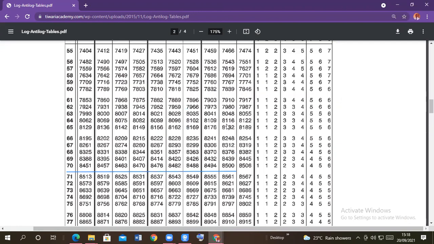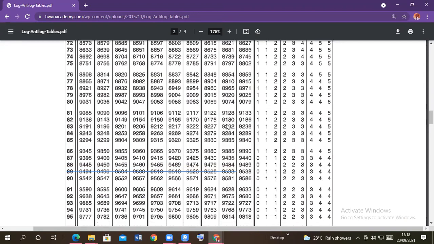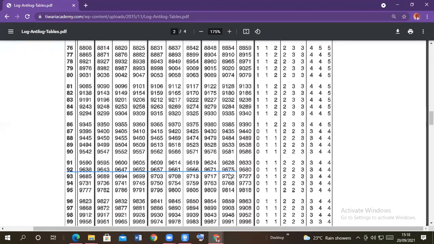So when we go to 9.2, this will be the value which is there. This one. So 9.28, and we are in the column of 8.